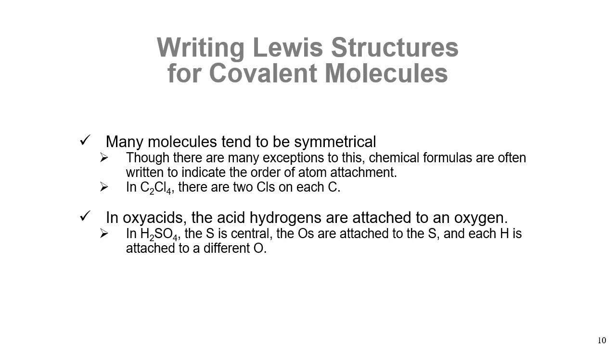In oxyacids, for example sulfuric acid, the acid hydrogens are attached to an oxygen. The S is in the center, the O's are attached to the S, and each hydrogen is attached to a different oxygen.